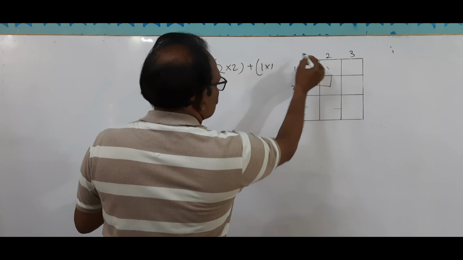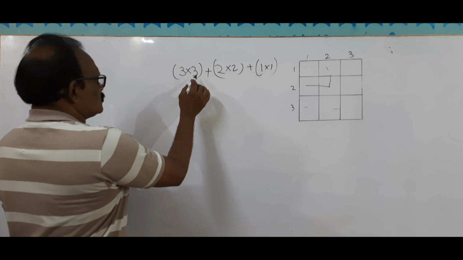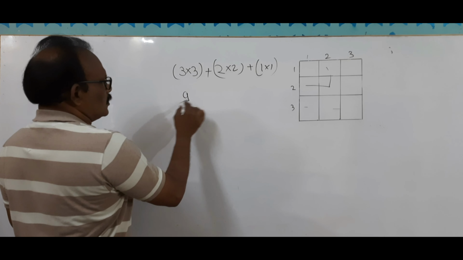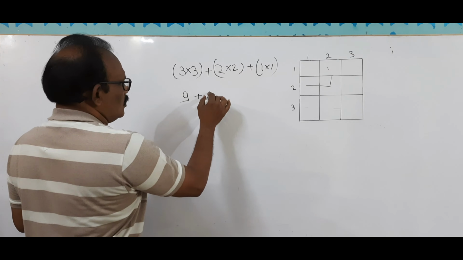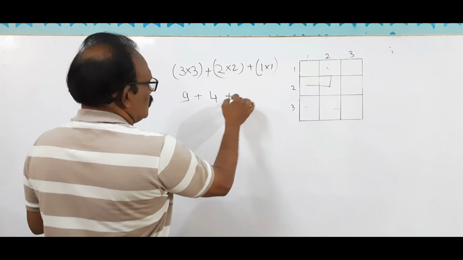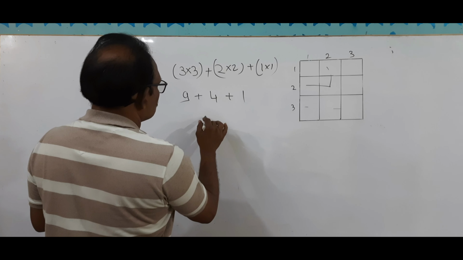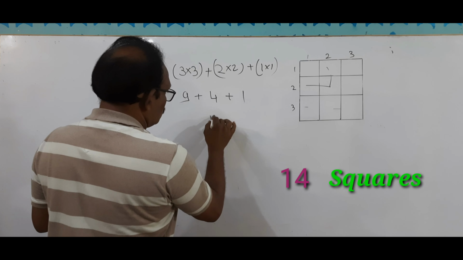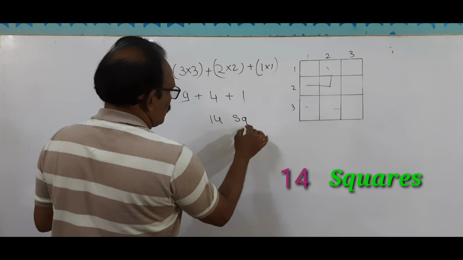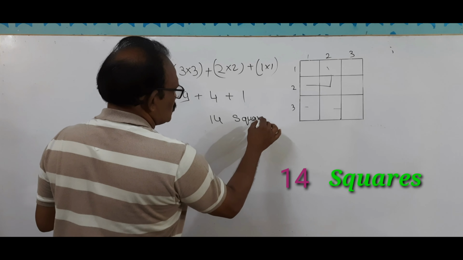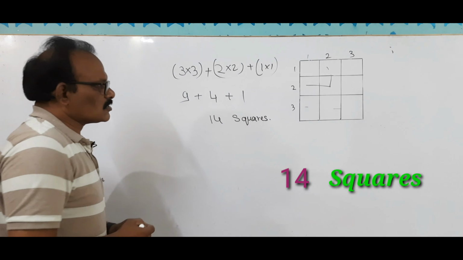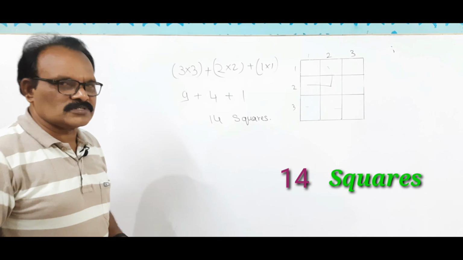Here also 1 into 1. Now 3 3s are 9, 2 2s are 4, and here is 1. So in all we got 10 plus 4, 14 squares. How many squares are there? 14 squares are there.